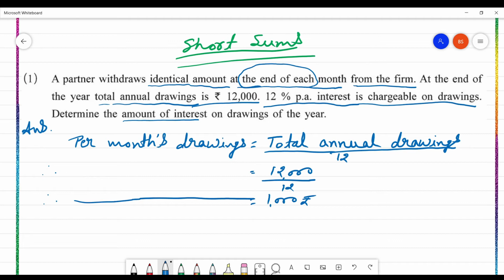After that, we will calculate interest on drawings.